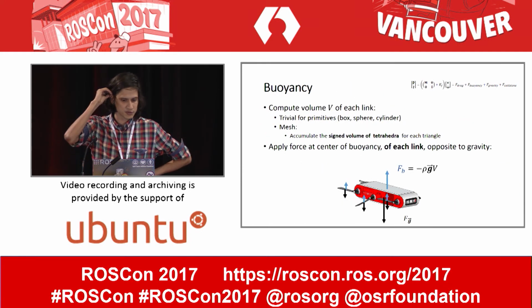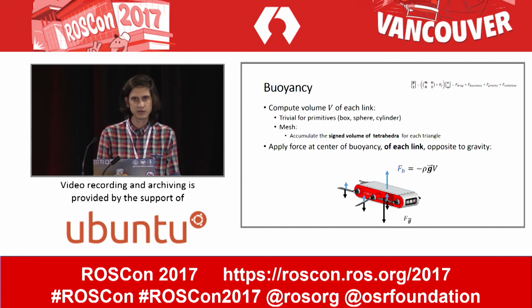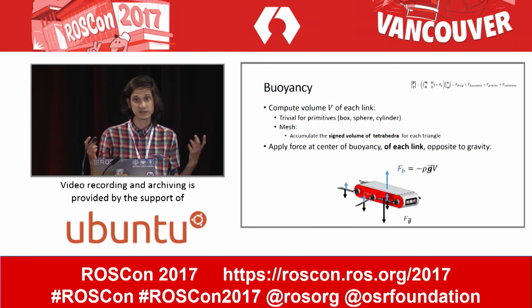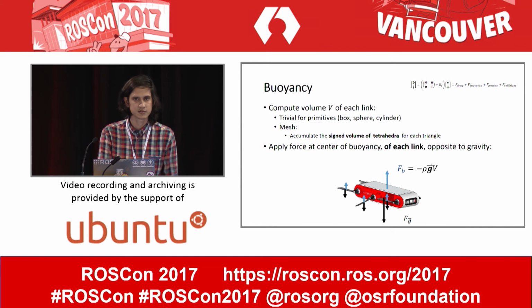For buoyancy, we traverse the whole geometry tree of the robot. We compute the volume for each link, and we apply the buoyancy force, which is proportional to the volume of displaced liquid. That force goes in the opposite direction of the gravitational force.